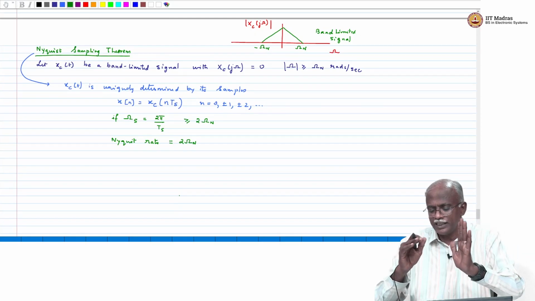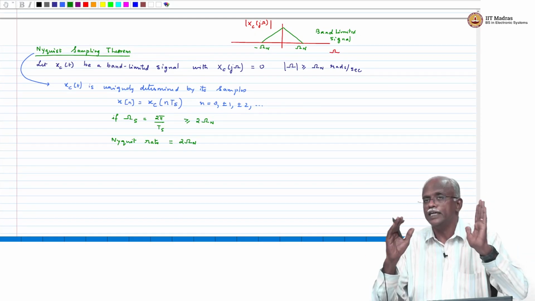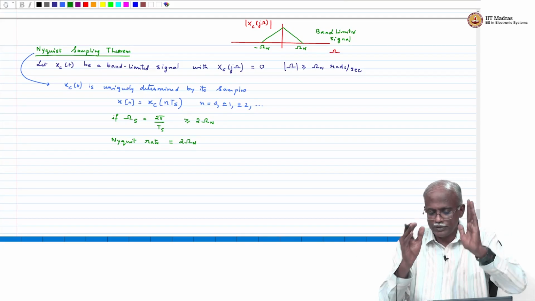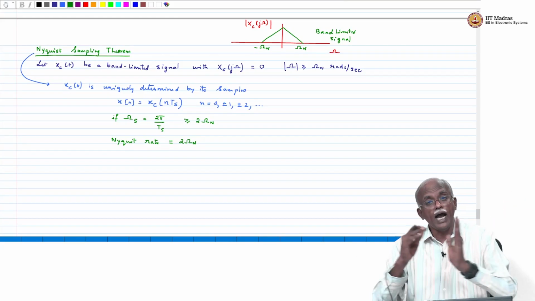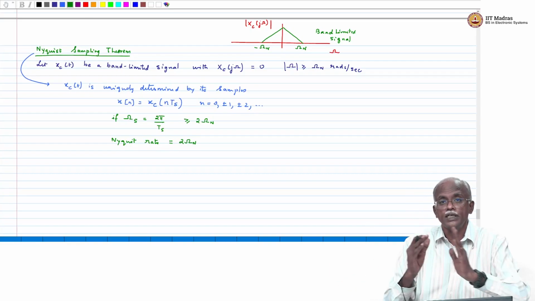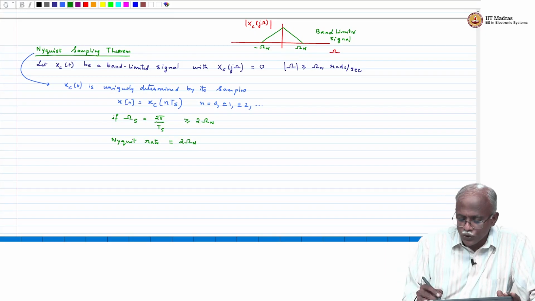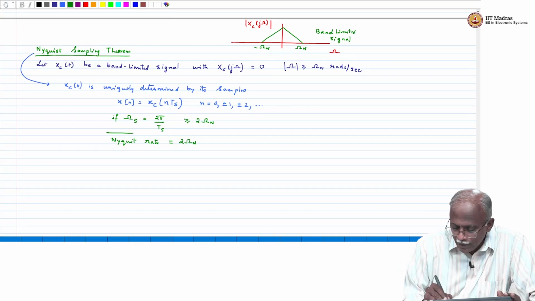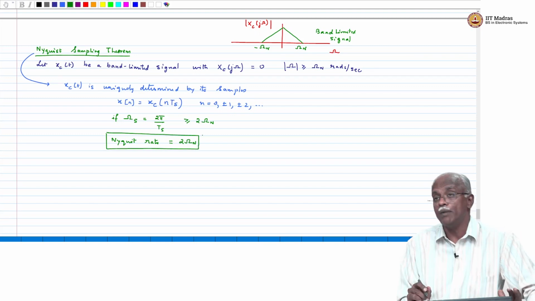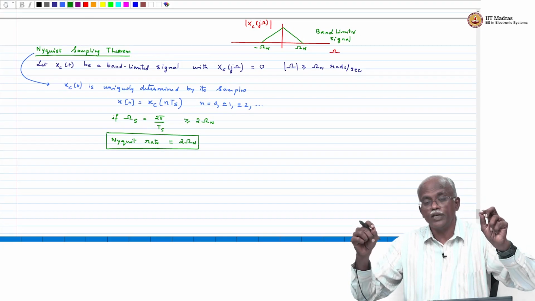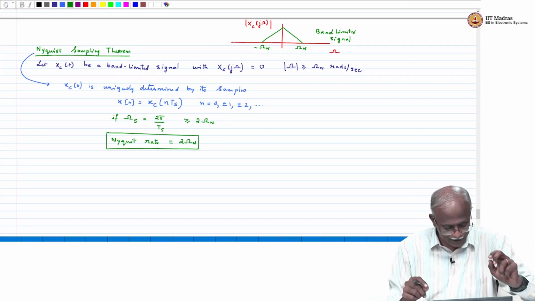Any frequency that you sample which is greater than the Nyquist rate will help. We can represent the continuous time signal in discrete time, and you can recover the continuous time signal without any loss of information. So, whenever there is a band limited signal and somebody asks you what is the Nyquist sampling rate, you should take it as 2 times the highest frequency component that is present there.